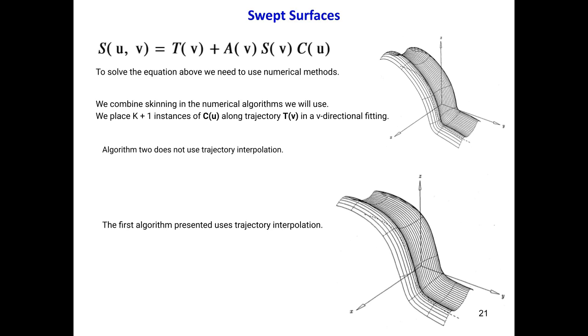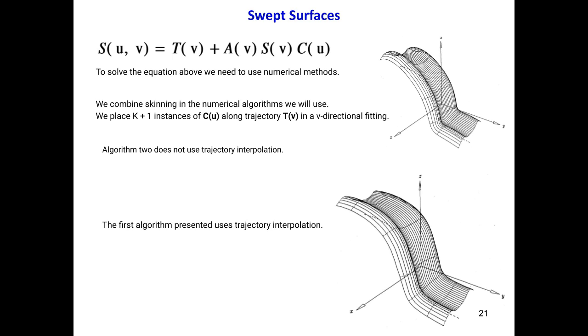So we can combine skinning when constructing a swept surface using this trajectory curve interpolation, and the trajectory being in the B direction. There are two algorithms given in the book. Algorithm 2 does not use trajectory interpolation, as shown on the top. The first algorithm uses trajectory interpolation and is shown on the bottom.